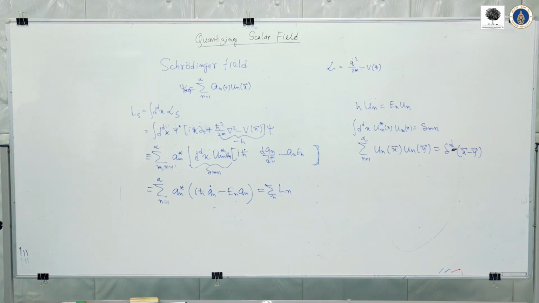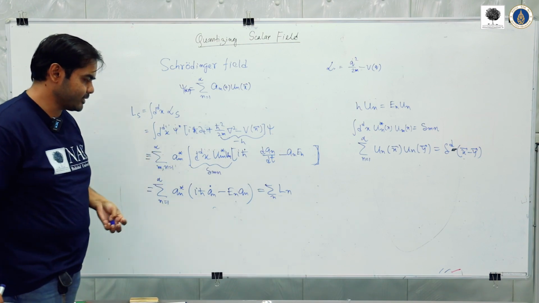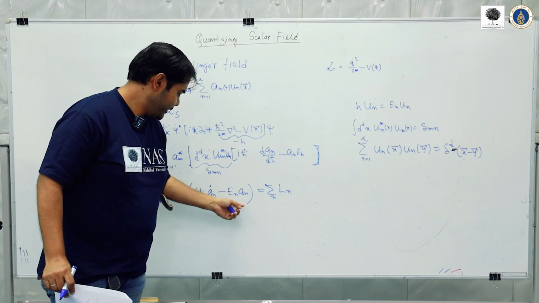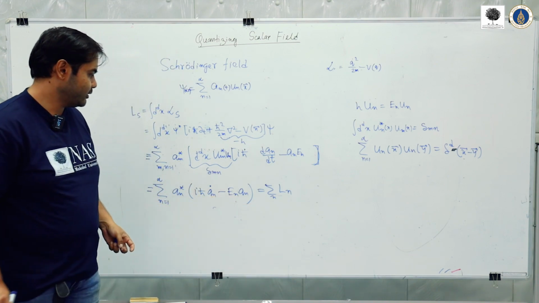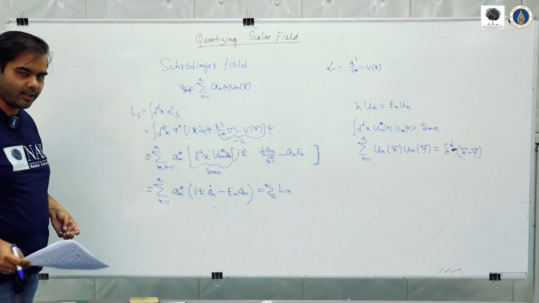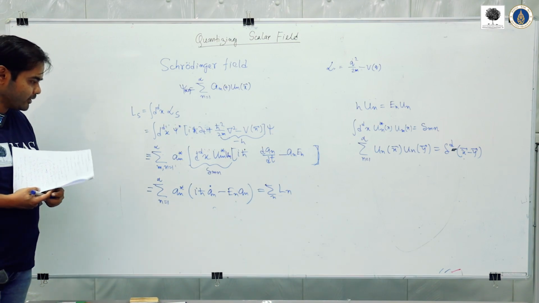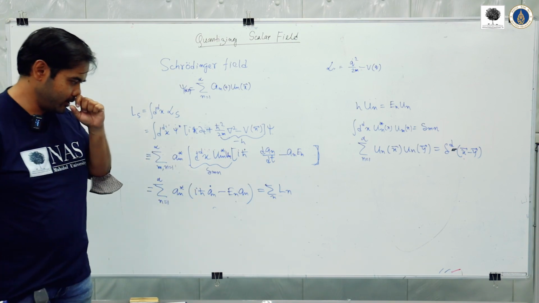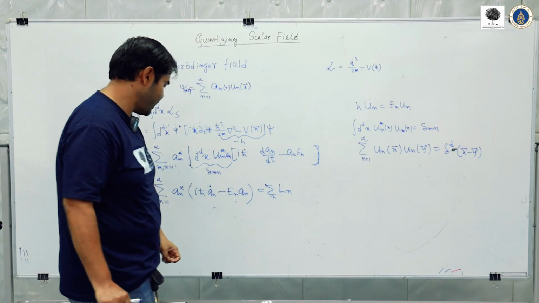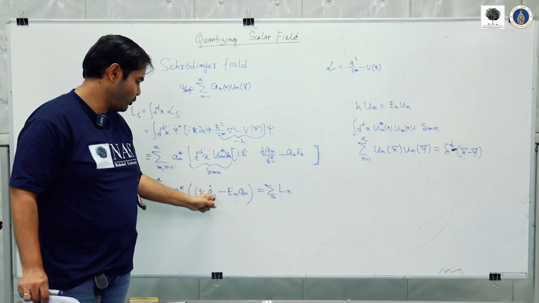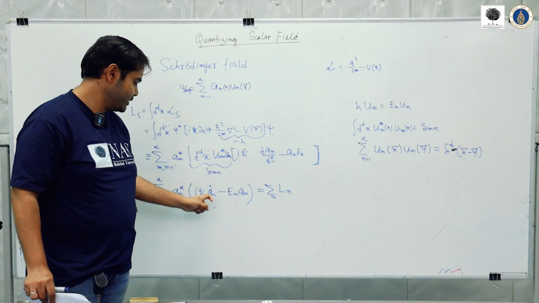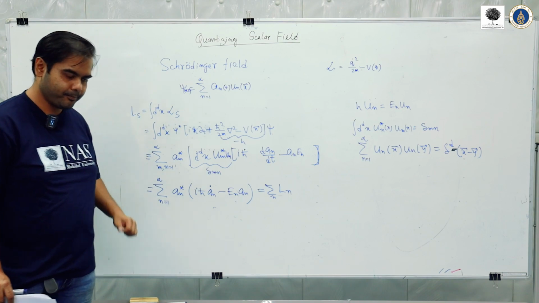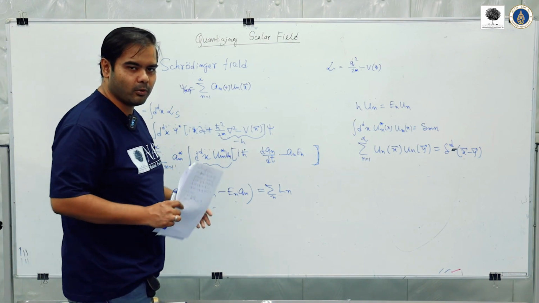Although not clear from a classical picture, this quantity inside the summation, this L_n, is essentially a single particle Lagrangian. But the variables here are no more space-time variables. This Lagrangian does not depend on space and time, rather it depends on these time-dependent coefficients a_n and the eigenvalue E_n. So this is possible only in the quantum picture.